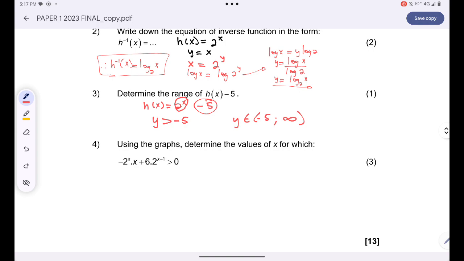Okay, number 4, we are told that using the graphs, determine the values of x for which this statement over there is greater than 0. I'll simply have -2x times x plus 6 multiplied by 2 to the x.